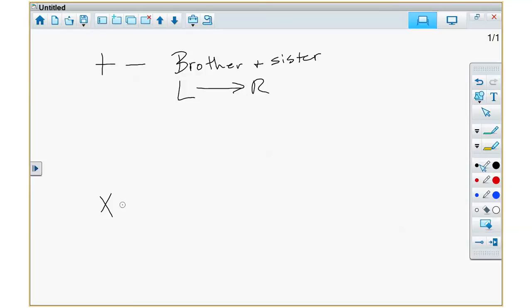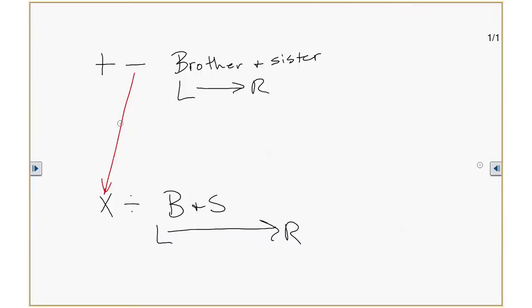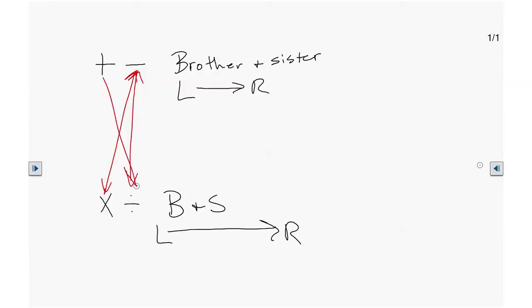Multiplication and division, brother and sister, left to right. If you have a mix between the two, that's cousins, and cousins go in order.